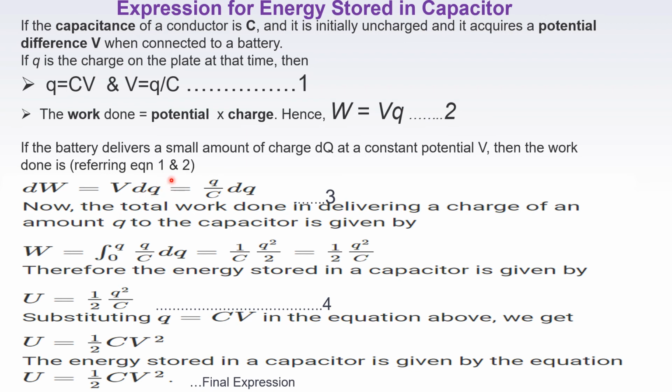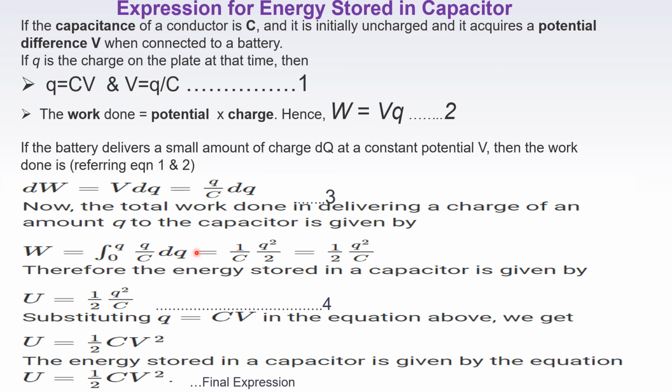Now we can substitute equation 1, that is V is equal to Q by C, in this equation. So it will become Q by C dQ. So this is for small amount of charge, but we want total work done. So what is the process? Integration. Now the total work done in delivering a charge of an amount Q to the capacitor is given by capital W, integral from 0 to Q, that is total charge, of Q by C dQ.